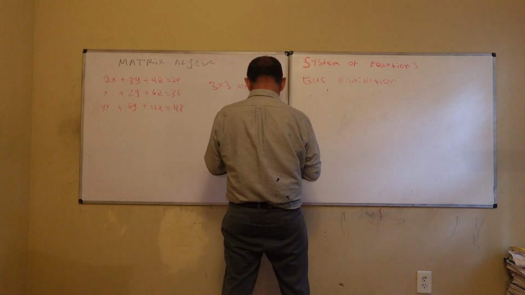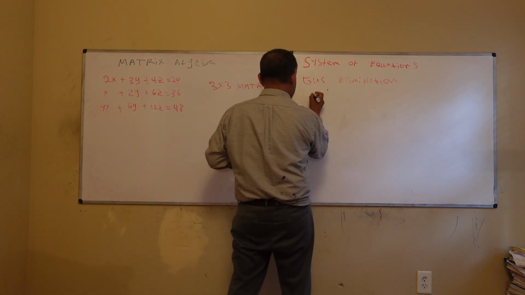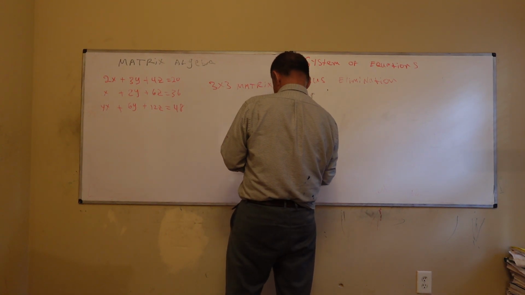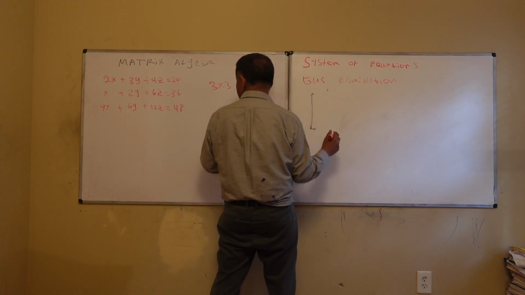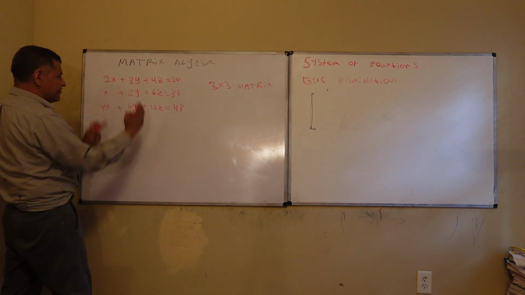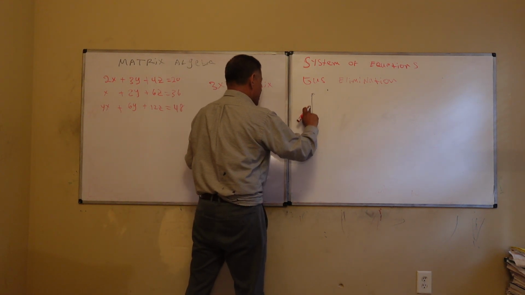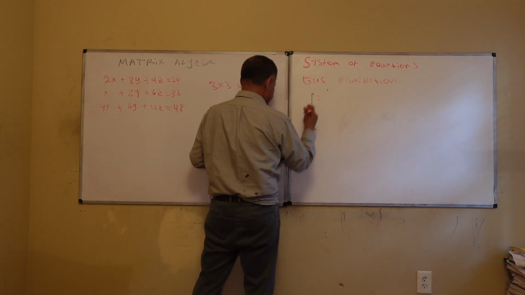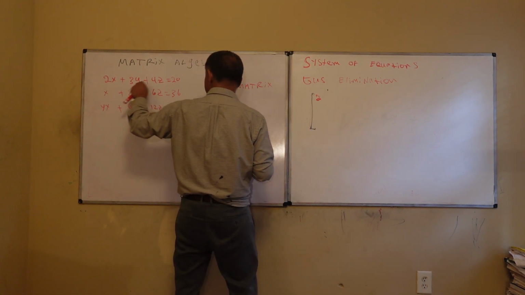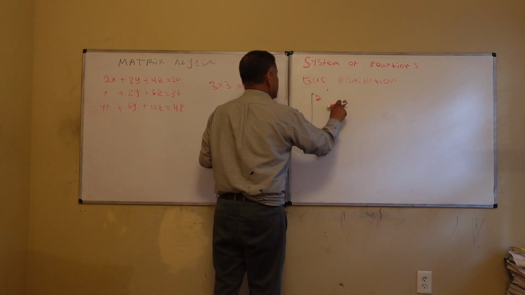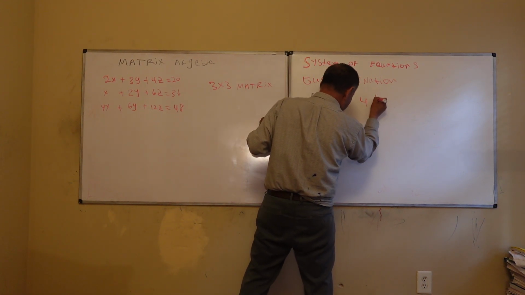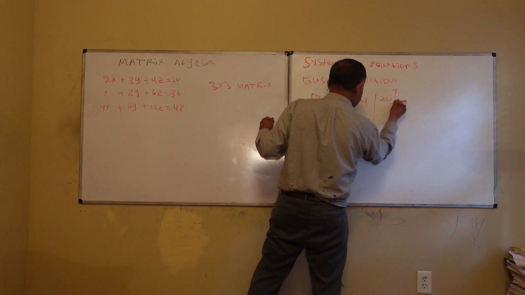Let me do what is called an augmented matrix, which is taking the coefficients, extracting the coefficients out of this, and putting them right here: 2, 3, 4, and we normally put a bar like this, and we put 20, and then we close the bracket.